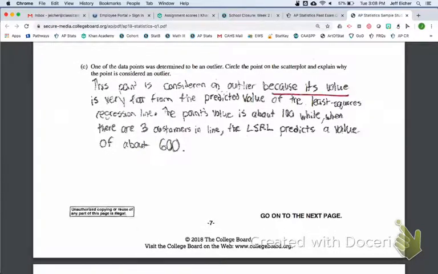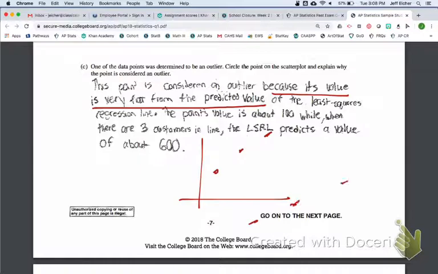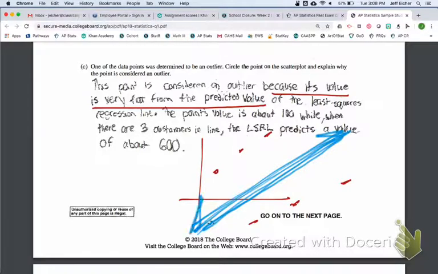Well, they've said because its value is very far from the predicted value. That doesn't make it an outlier. Imagine a line. Imagine if we had a data set like this. And here's our line, roughly. Oh, I missed. Try to split those in half. Here's our line.